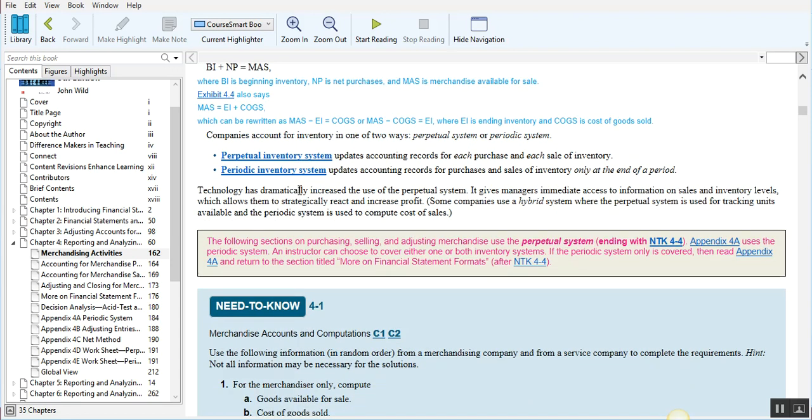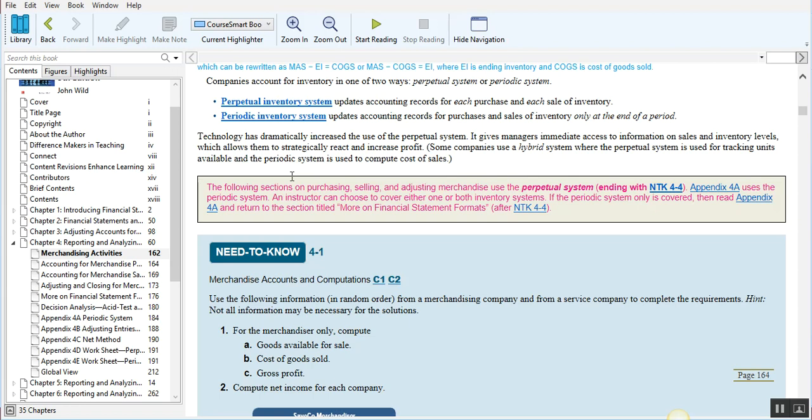On a periodic system, we would only update the inventory at the end of the period. That's really not very realistic today. The more prevalent system is a perpetual inventory system that allows retailers to stay up to date on their inventory much more efficiently and basically be able to operate with a greater control of their inventory.